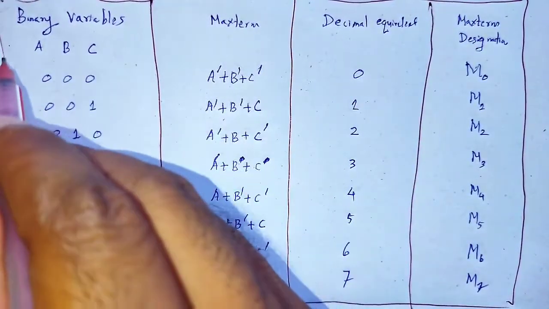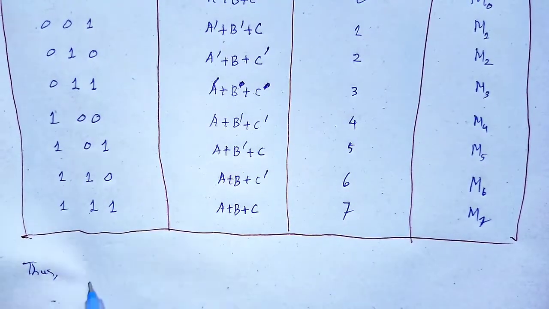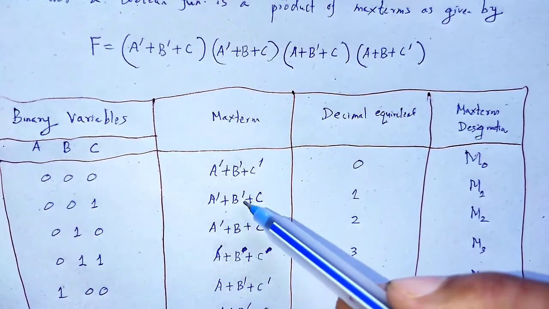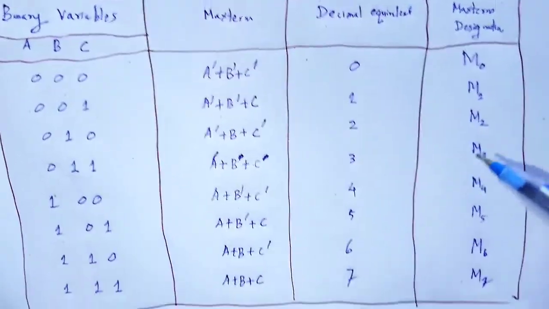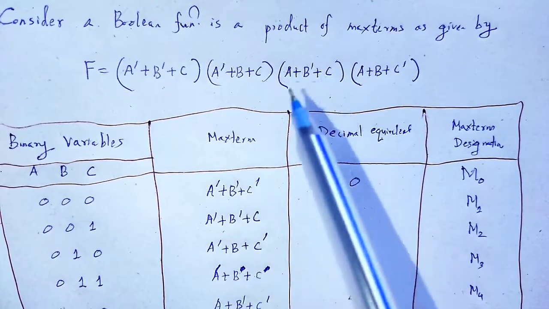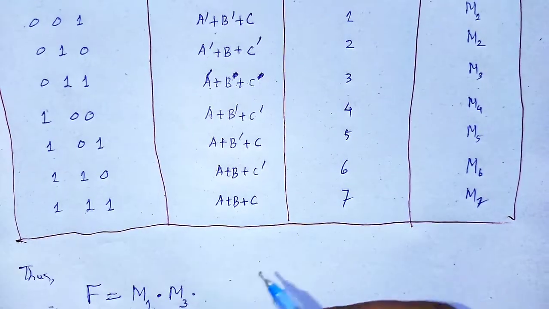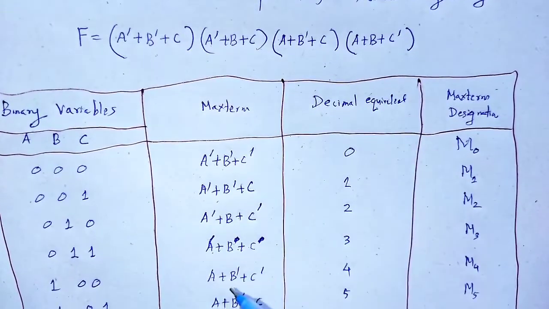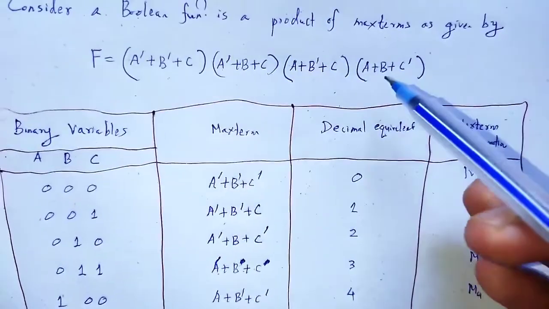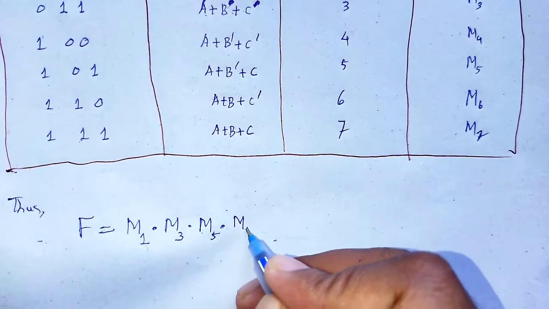The Boolean function is given by f is equal to (a dash plus b dash plus c), therefore M1, dot (a dash plus b plus c), therefore M3, dot (a plus b dash plus c), therefore M5, dot (a plus b plus c dash), therefore M6.